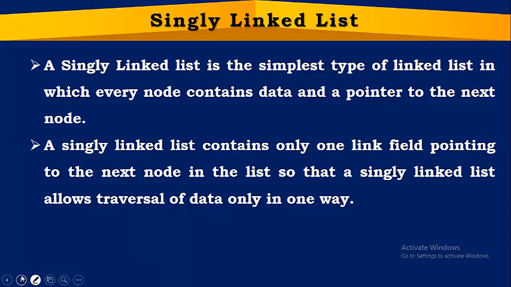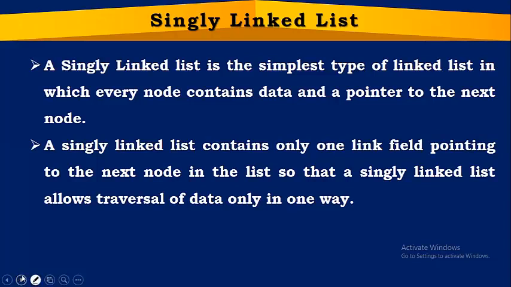That's why it is named singly linked list, because it contains only a single link pointing to the next node in the list. A singly linked list allows traversal of data only in one way, that is in forward direction.